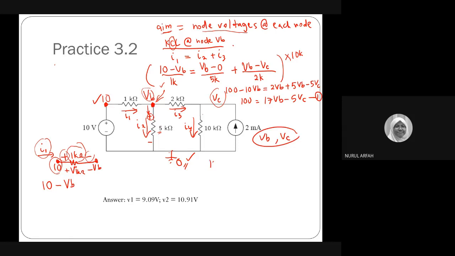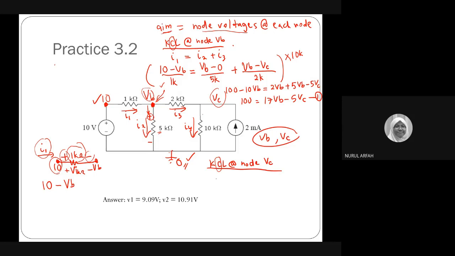All right, then we go to the next step, KCL at node VC. Can you identify which current is entering and which current is leaving? Because we're going to build up the equation for KCL. What is the equation for KCL?